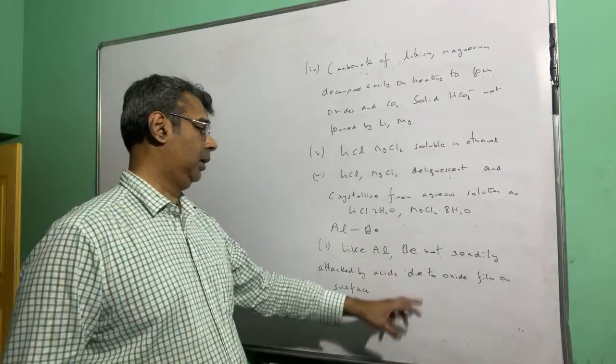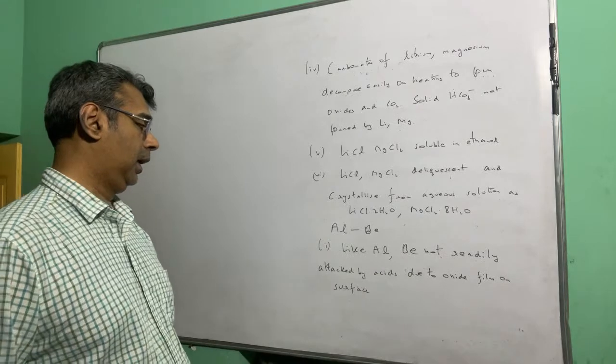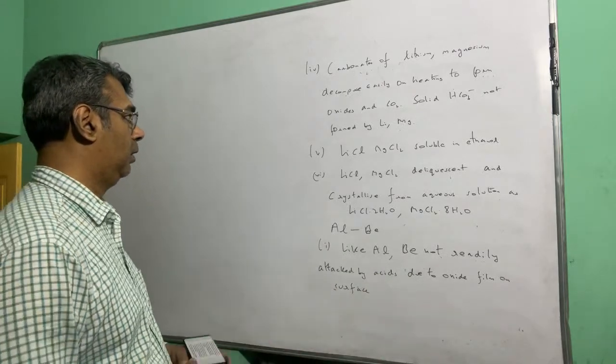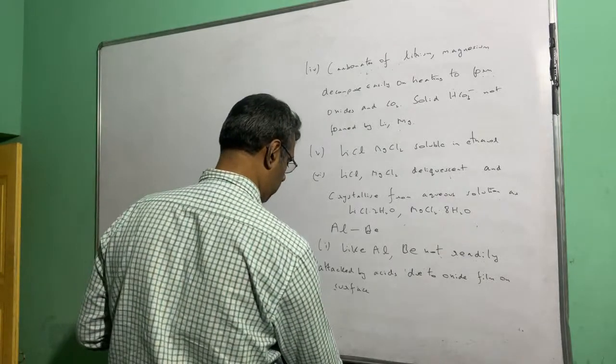Like aluminium, beryllium is not readily attacked by acids due to the oxide film which is formed on the surface. So that is number one.